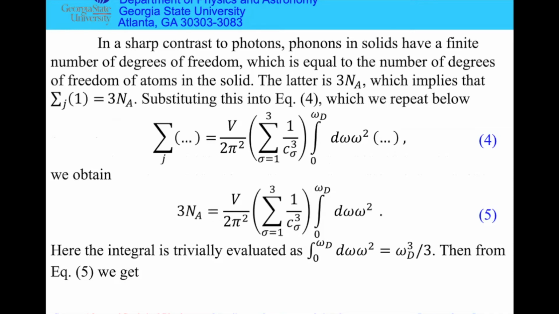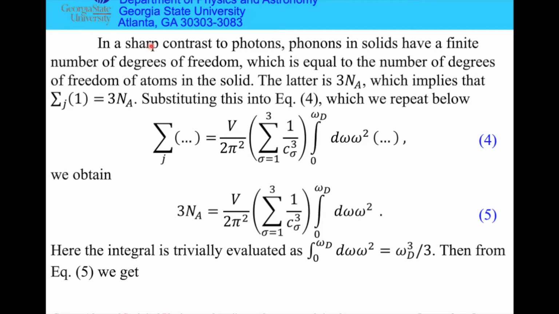Now I'll explain why you cannot set the maximum frequency to infinity. It's a finite parameter that you need to find. You may calculate it, but better you compare it to experiment and find it. So how do we find it? Photons are oscillations of the electromagnetic field, and each frequency corresponds to an independent degree of freedom, an independent oscillation. There is an infinite number of these degrees of freedom.